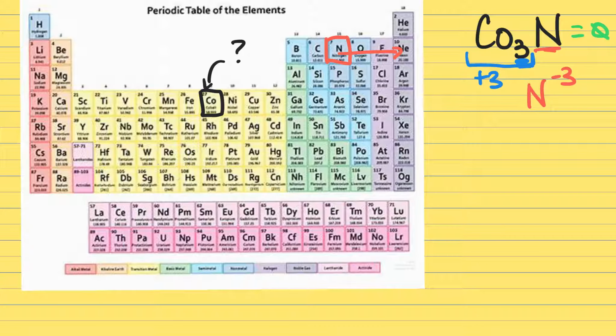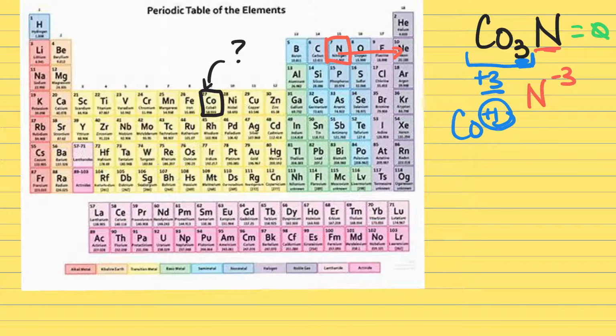But when we write the Roman numeral, we always write it for each individual element or each individual transition element. So what is the charge of each cobalt? Well, if all 3 cobalts is +3, then each cobalt has to be a +1. This plus is our Roman numeral.